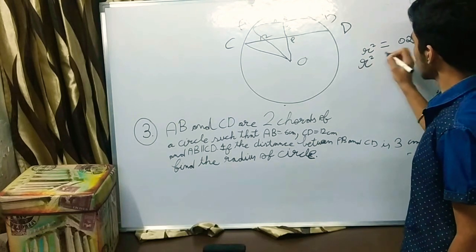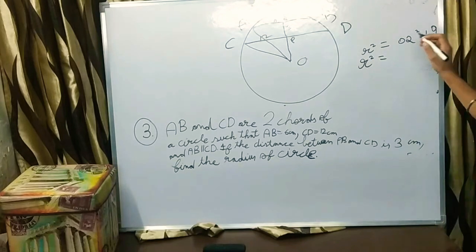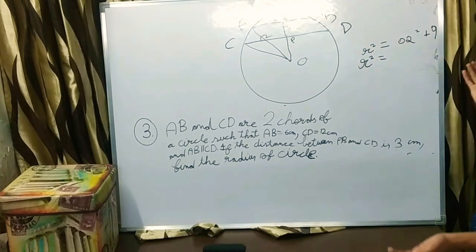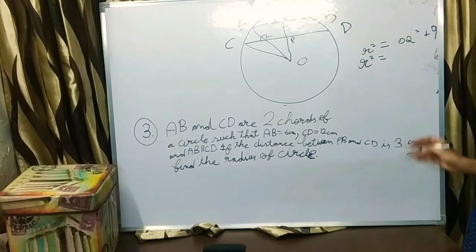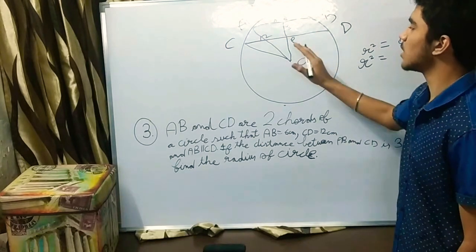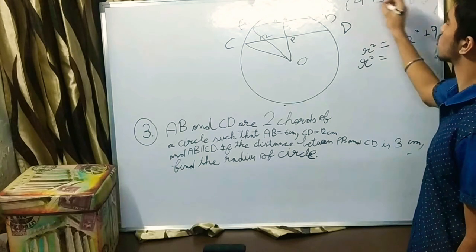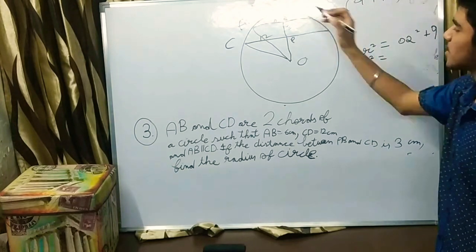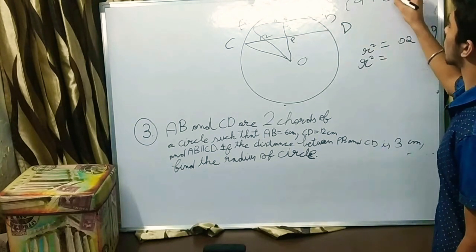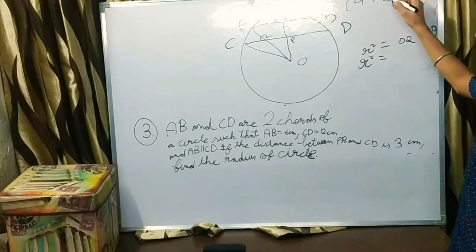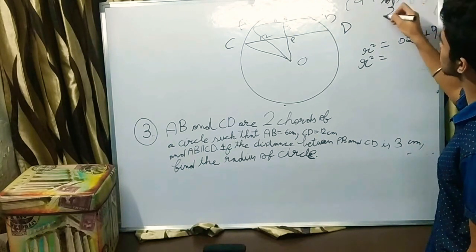Now let us divide OQ square further. OQ square can be written as OP plus PQ whole square. Now PQ is equal to 3, and this is inside the bracket.